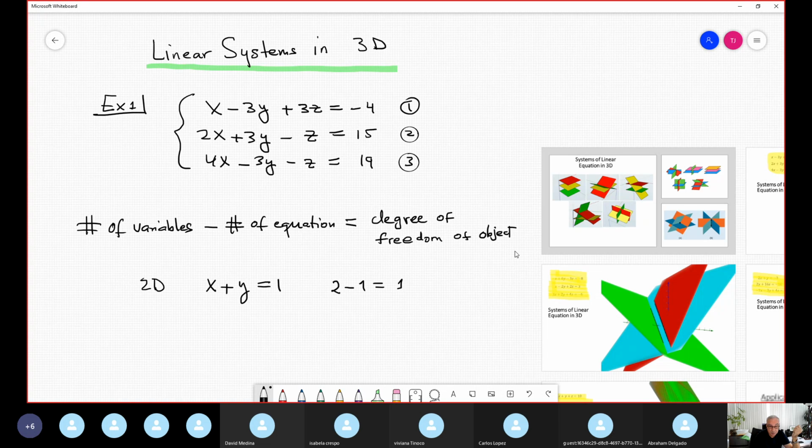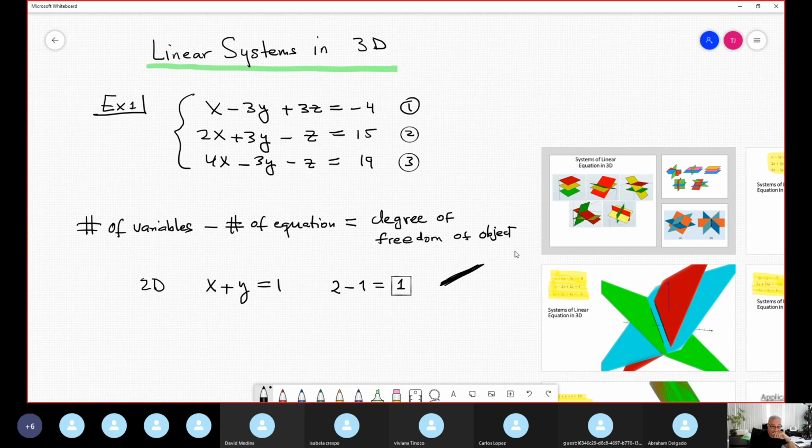And 2 minus 1 is 1. So what does degree of freedom 1 mean? Degree of freedom 1 represents a line, because a line is a geometric object that has only one dimension, no? The line has length, but no width and no height, one dimension.